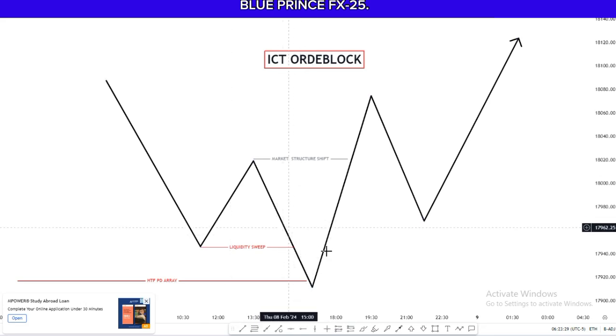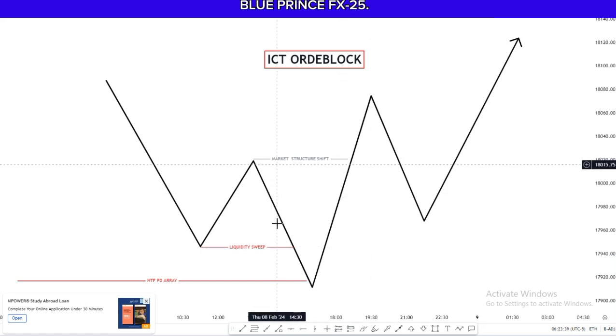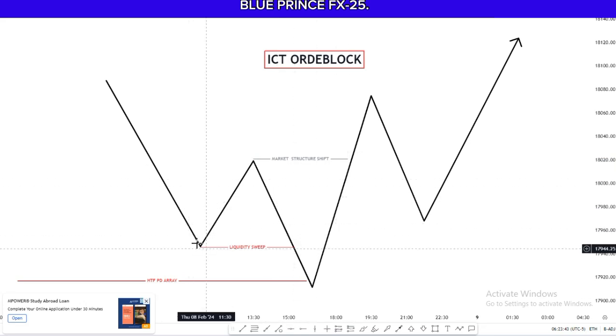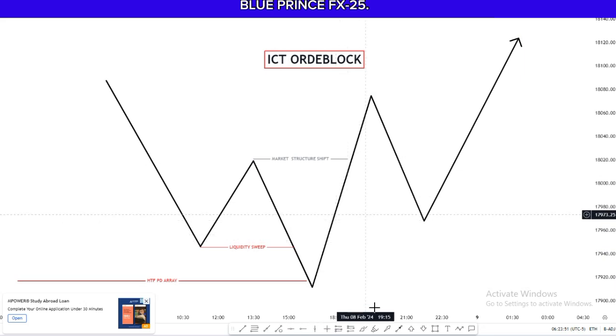What is your third requirement? The third requirement is that we must experience a market structure shift. What is a market structure shift? A market structure shift is when the market breaks structure in the opposite direction to where it was initially going. If you realize, we have this low, we have a high, then we have a lower low. When the market makes a lower low, we expect it to keep going, making lower highs and lower lows.